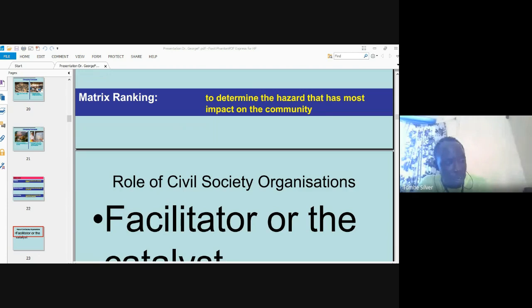Then when our team went on the ground, we did what we call a need assessment. During that process, we also involved most of these communities, and that is regarded as a community-based, participatory methodology.